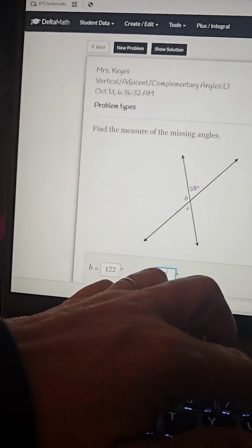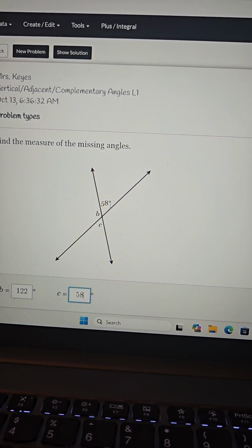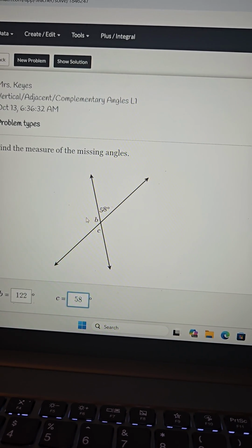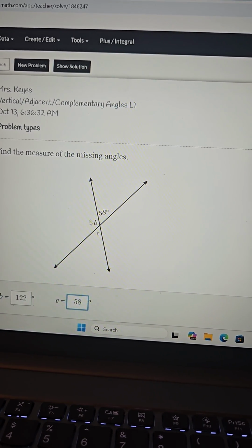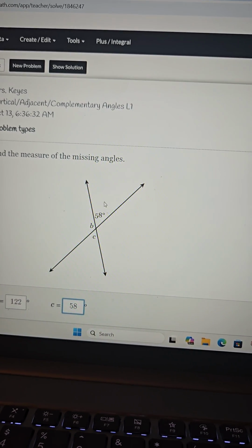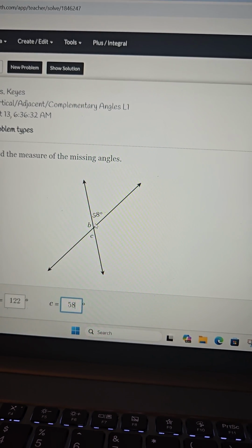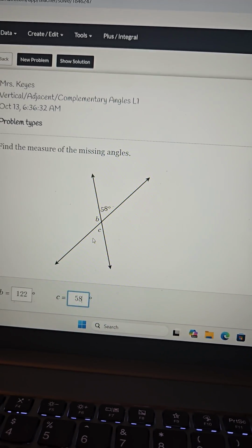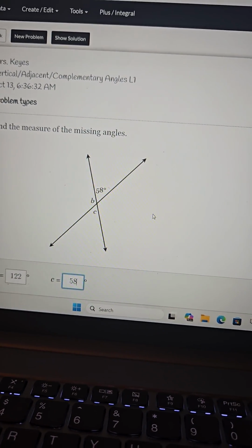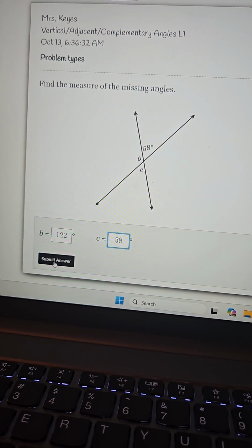So there's a couple of ways that you could figure that out. But just a reminder, linear pairs, take 180, the total, minus what you're given to get the missing angle. And then vertical makes these crisscross shapes, and they're opposite of each other and they're equal. Okay? All right. I think that's about it. Hopefully that helps.